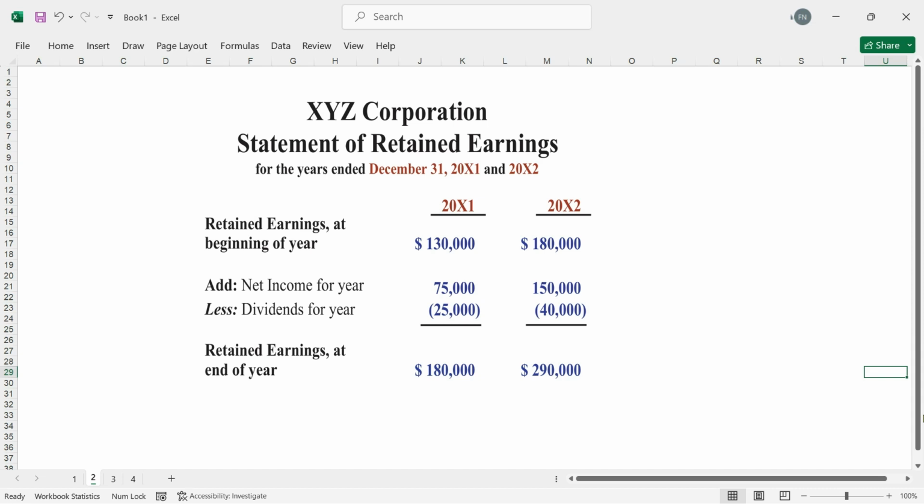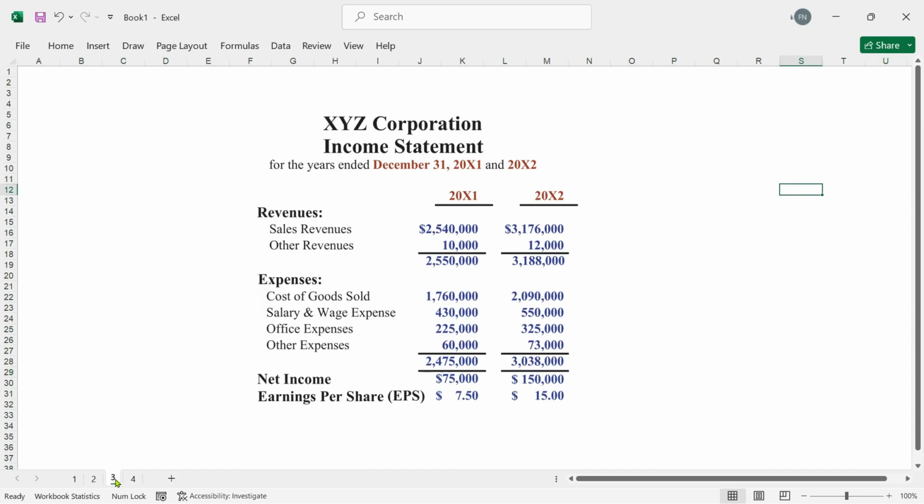The next formatted financial statement that we'll look at is the required income statement, or sometimes referred to as statement of operations or statement of earnings. So we'll put the title in there, whichever one of those particular names we like. And then we'll put the date. And again, look at the date here carefully, because this income statement reflects information for the years ended December 31st, 20X1 and 20X2.